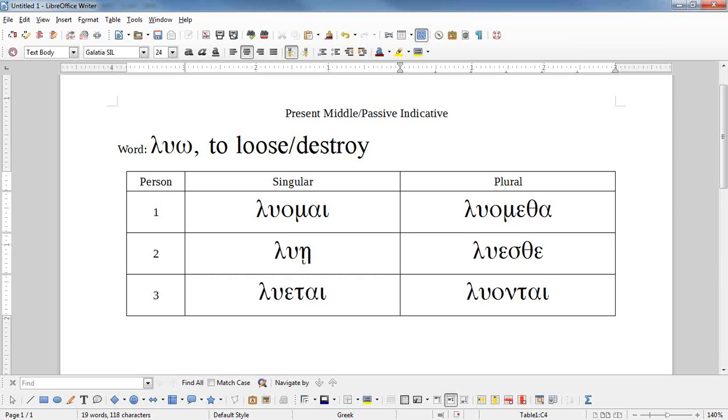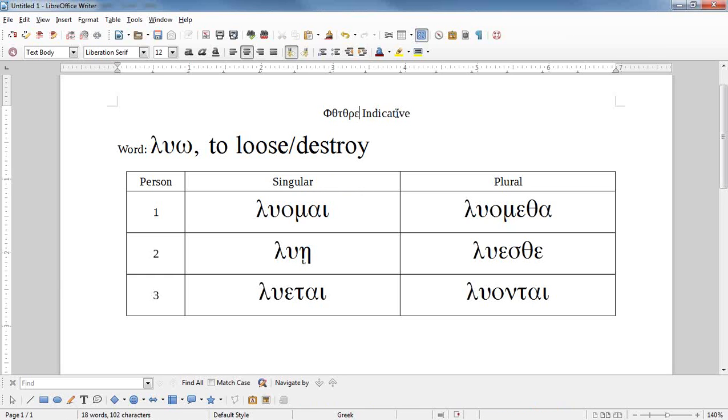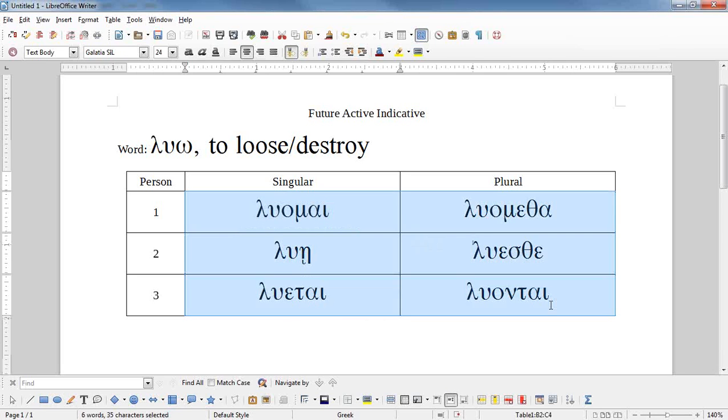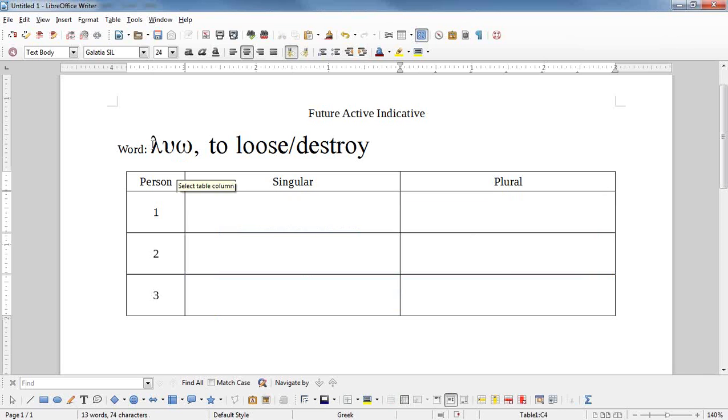Okay, the next form I'm going to show you is the future active indicative form, in Greek. Let me erase everything here.